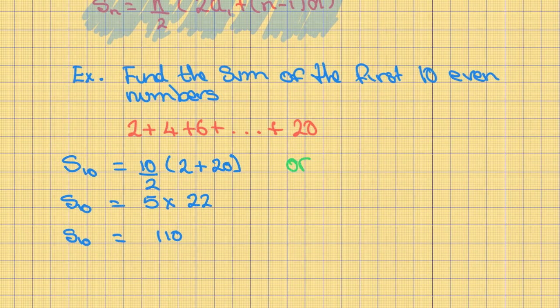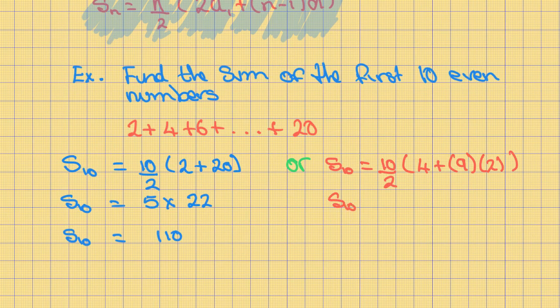Or S10 is equal to n divided by 2, which is 10 divided by 2, times 2u1, u1 is 2, so that's 2 times 2 is 4, plus n minus 1, well n is 10, so that's 9, times the difference, which is 2.